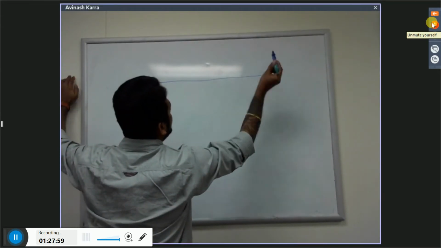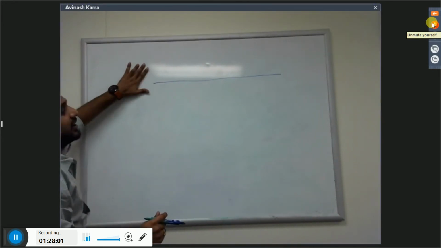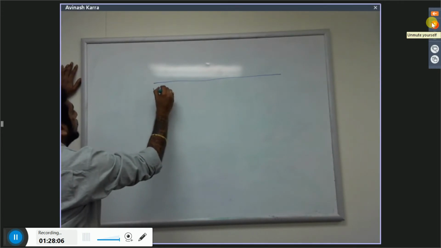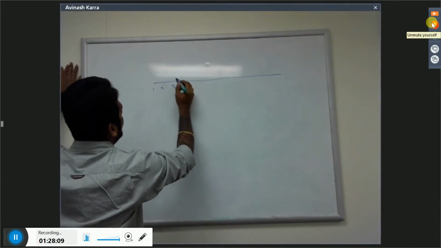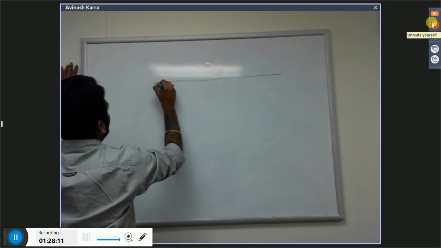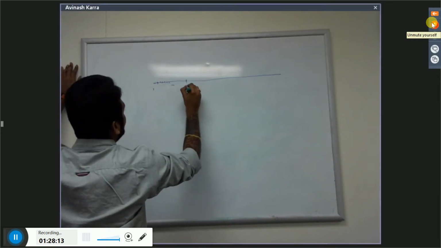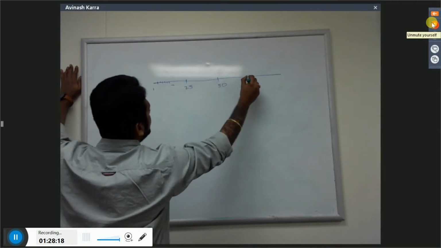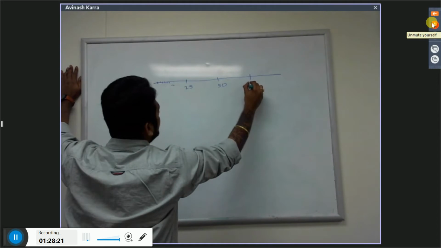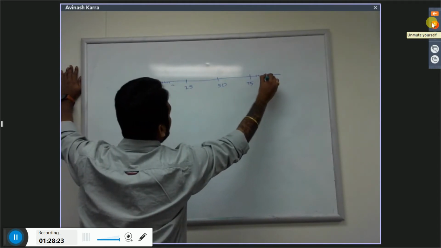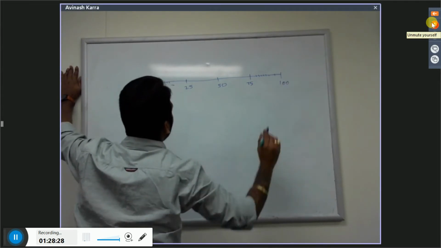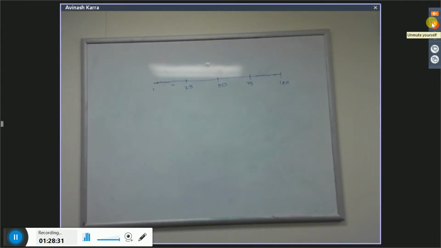Let me draw the number line. It is like the given value data, like 1, 2, 3, and so on, 25, 50, 75, 100.